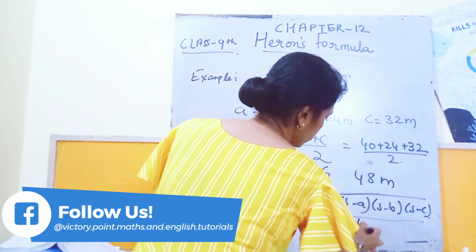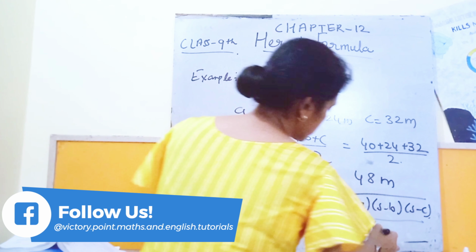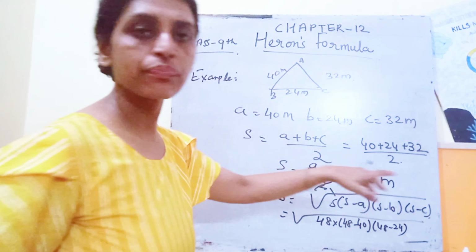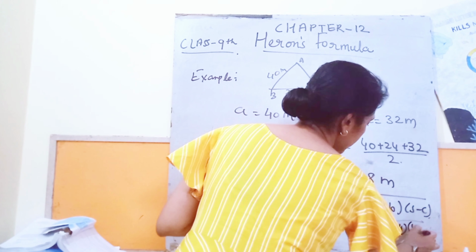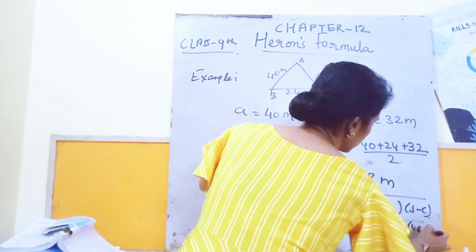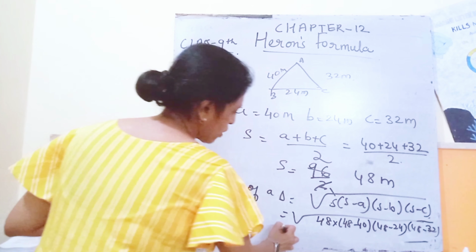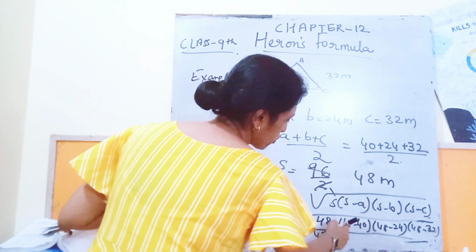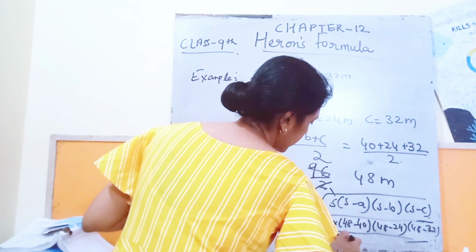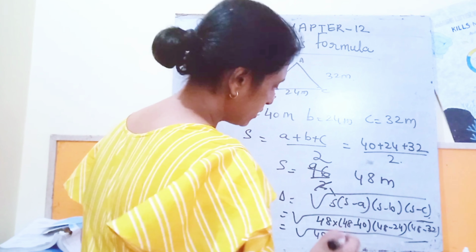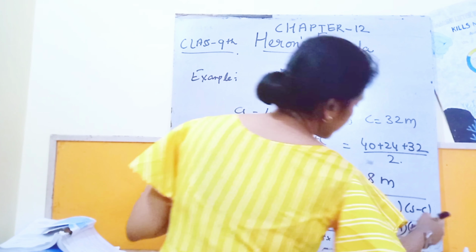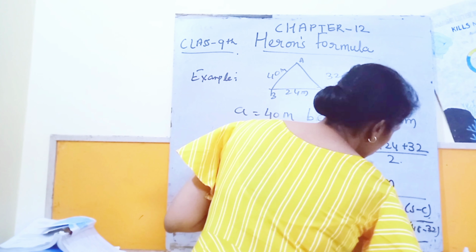Then 48 minus b, b is 24. And 48 minus c, c is 32 meters. Now, 48 minus 40 is 8, 48 minus 24 is 24, and 48 minus 32 is 16.